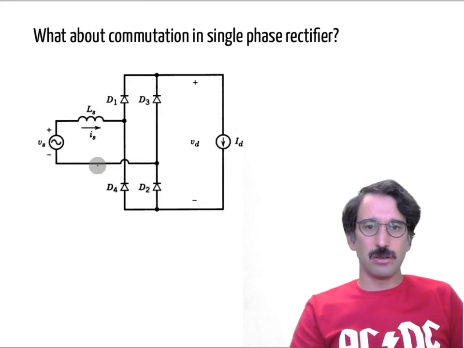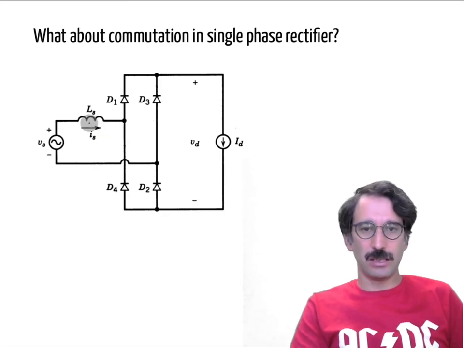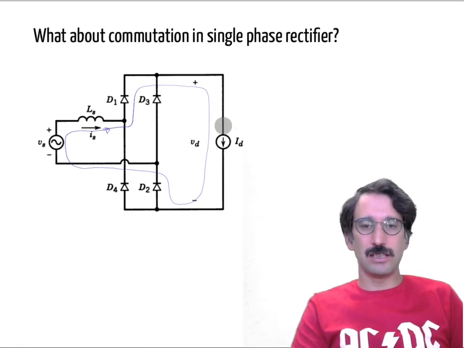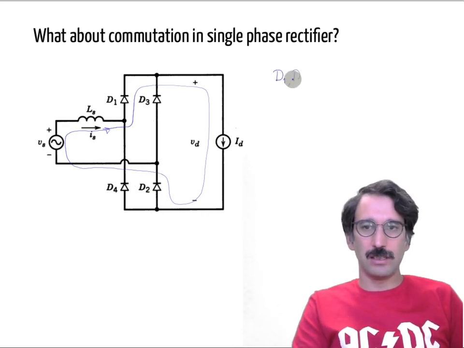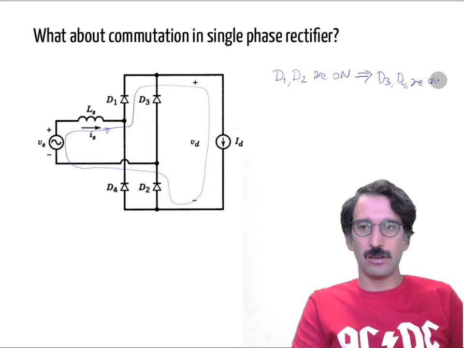And let's talk about how it would be with a single phase rectifier. So here we have the same thing. So for example, once our output voltage is larger than 0, basically D1 and D2 are in conduction. So D1, D2 are on, and I would like to pass to D3 and D4 being on.